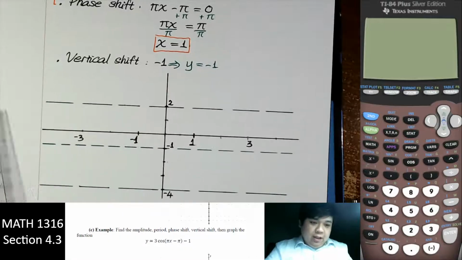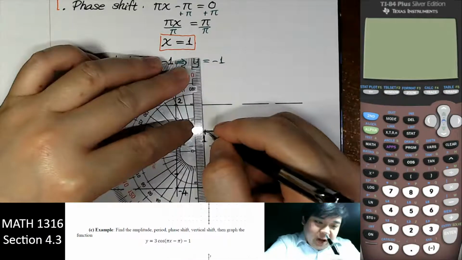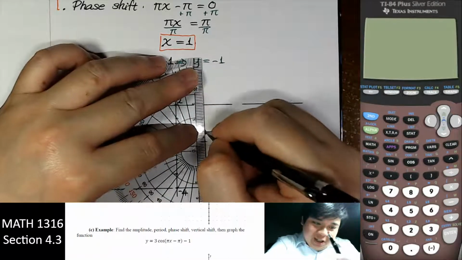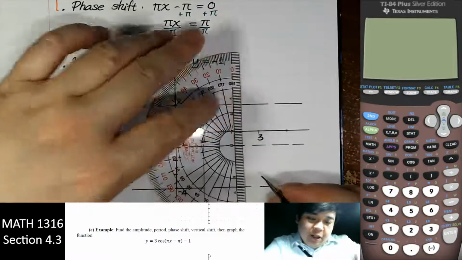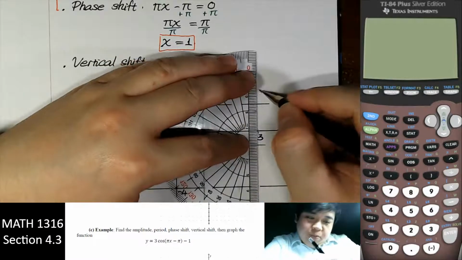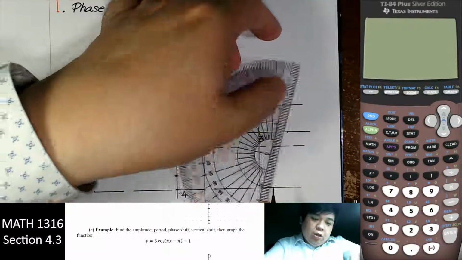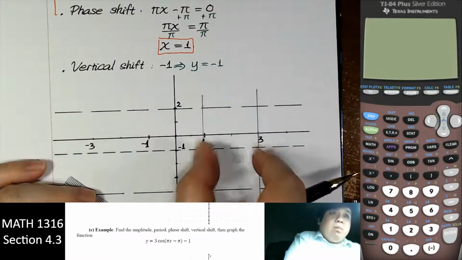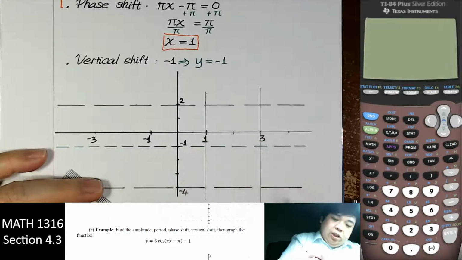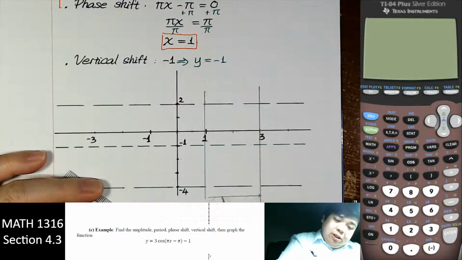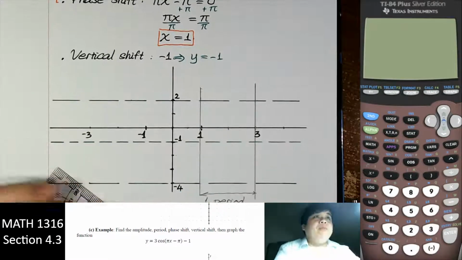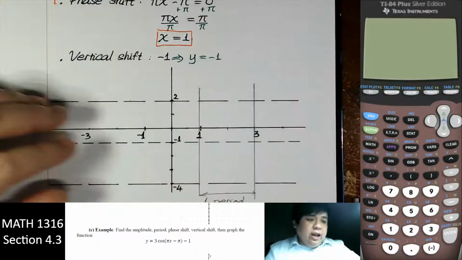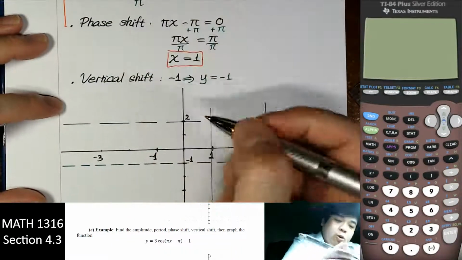Now, we know we start the phase shift at 1, and we go one period of 2. So this is one period. And then finally, this is the graph of cosine.